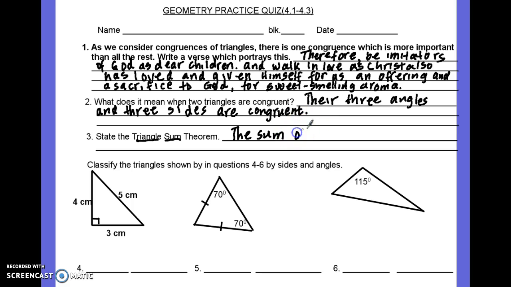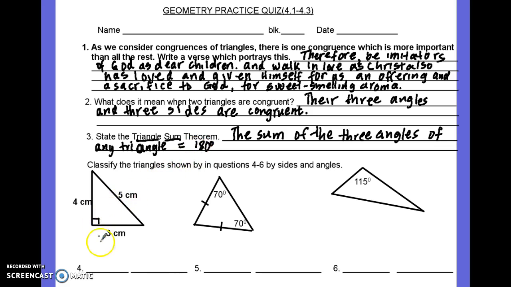Appropriately, the sum of the 3 angles of any triangle. That sum is equal to 180 degrees. Okay, again, the sum of the three angles of any triangle equals 180 degrees.